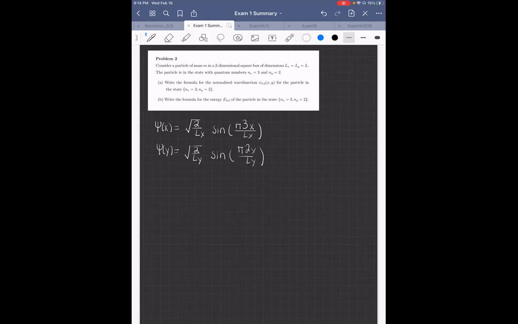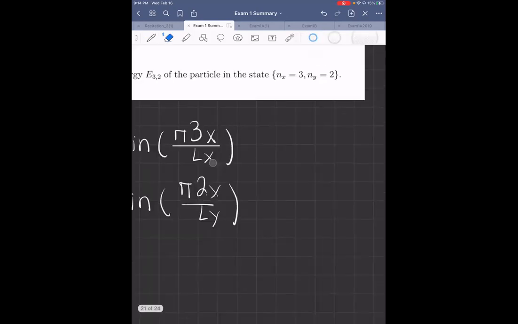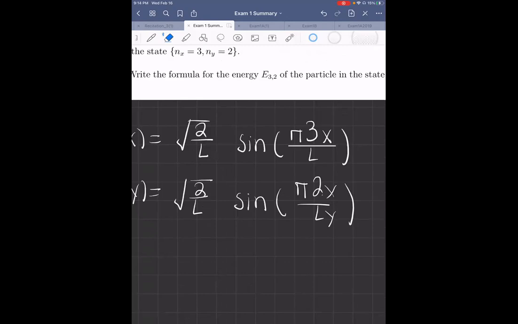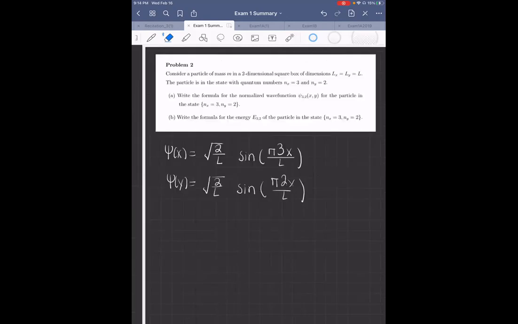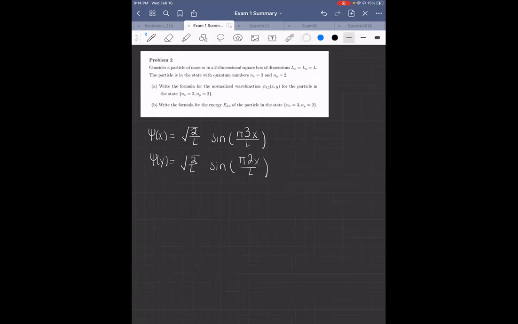Since the lengths of the box are equal to each other, you can just put this as L. To get the final wave function, you multiply these by each other.